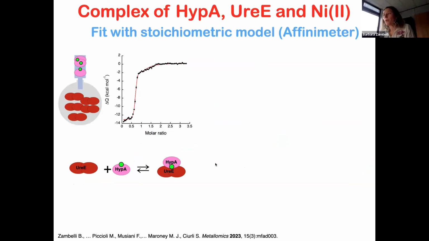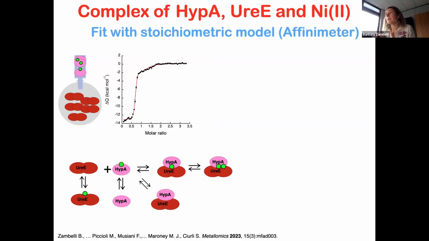Indeed, there is not only one event that occurs here. There is not only the formation of the complex, because we have also the interaction of urease with nickel, the interaction of HypA with nickel, the interaction of the two apo proteins together, and also an additional nickel binding that occurs when the complex is already saturated by nickel.